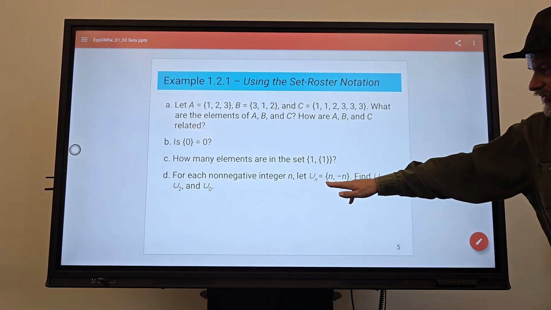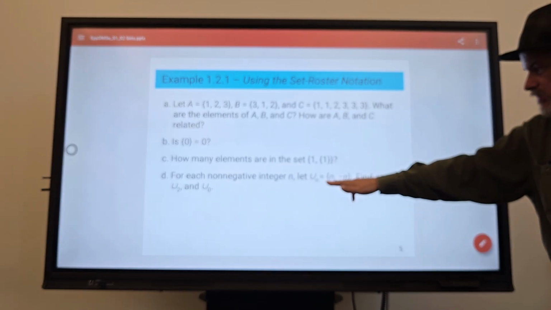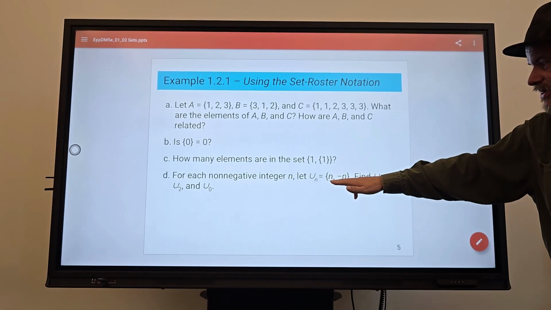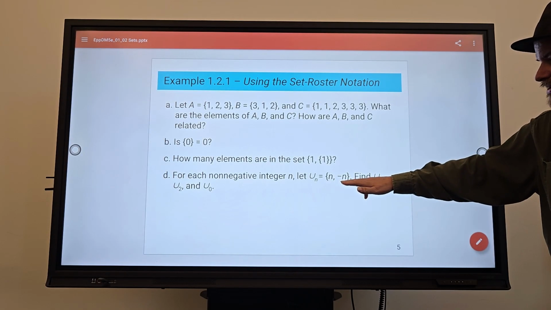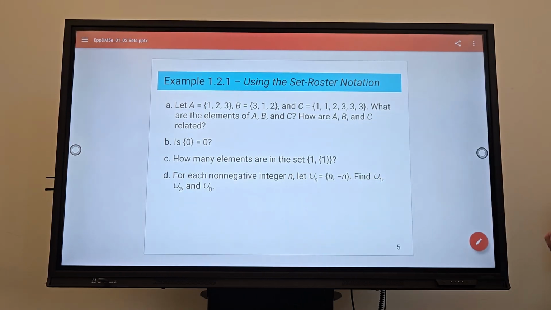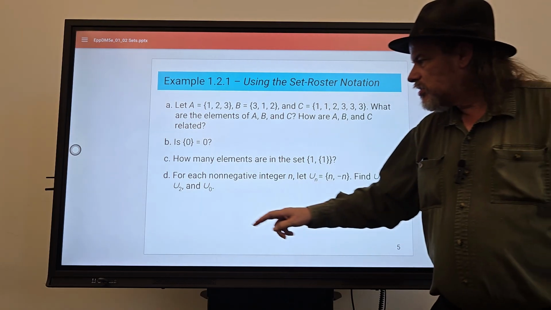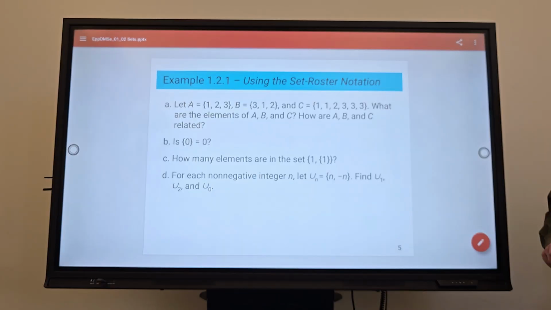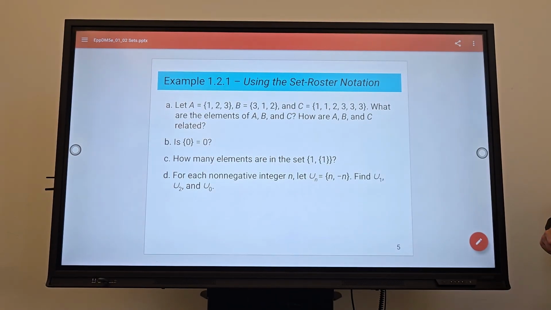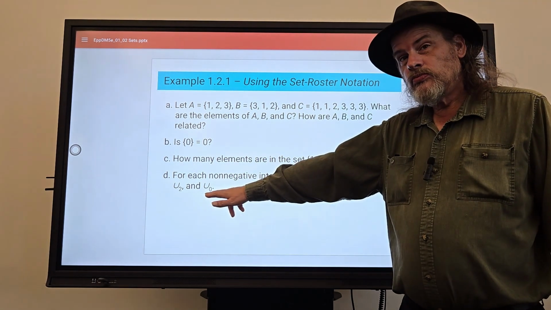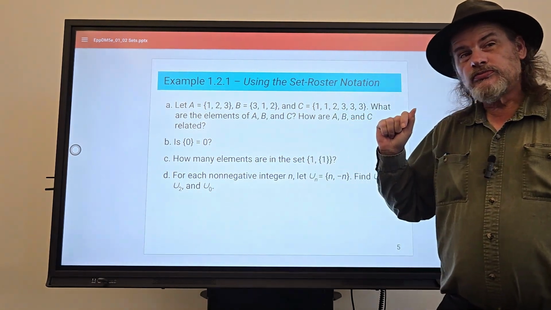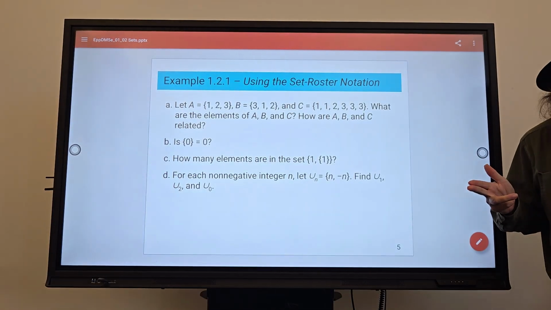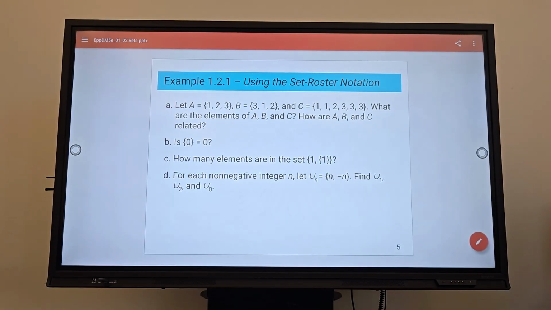Because you're defining U sub n as the set of n and the additive inverse of n. So U sub 2 would be positive 2 and negative 2. And U sub 0? Or just plain 0, because duplication doesn't matter.